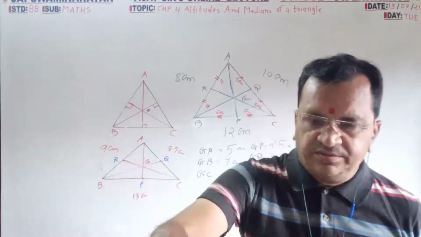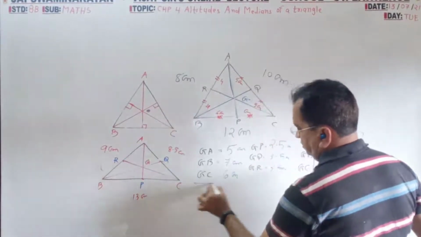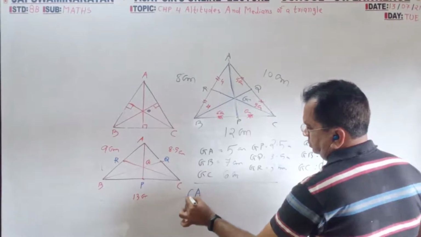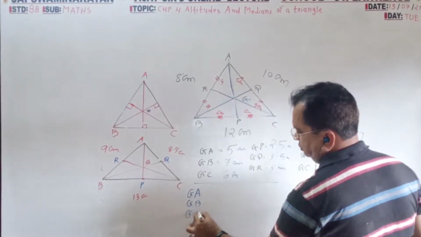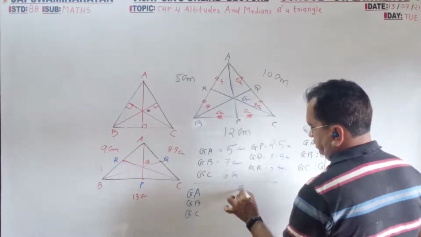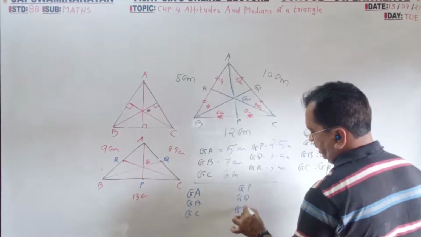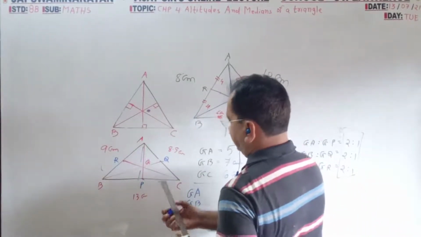Now I will measure GA, GB, GC, GP, GQ, GR. This and this, first part, second part.